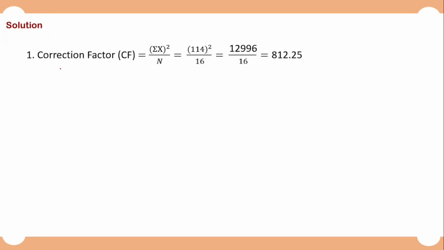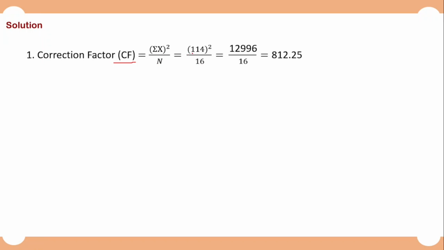So now we will actually calculate heritability using analysis of variance. Firstly, you have to calculate the correction factor, which is denoted as CF. The formula for the correction factor is the sum of x, squared. So you have to sum up all of the observations, then square it and divide it by the total number of observations, which are 16.